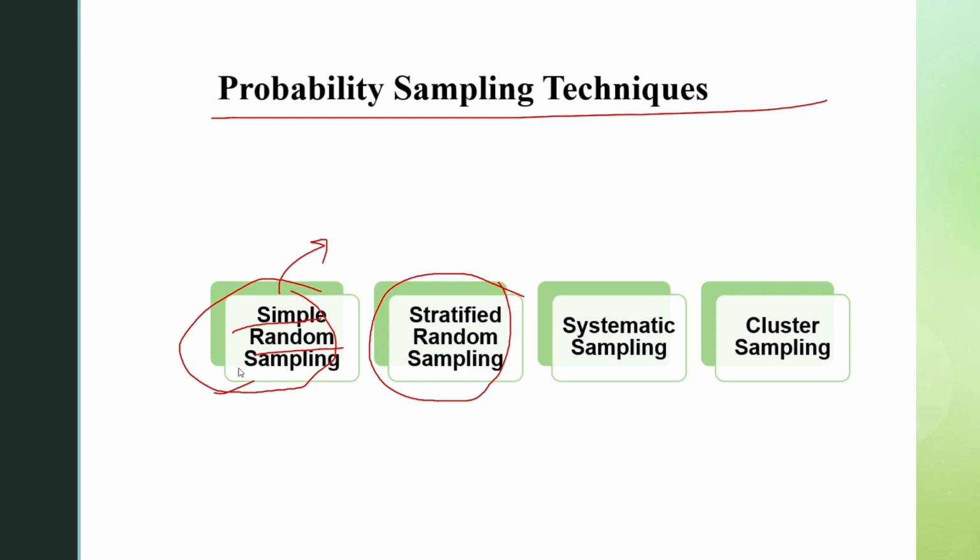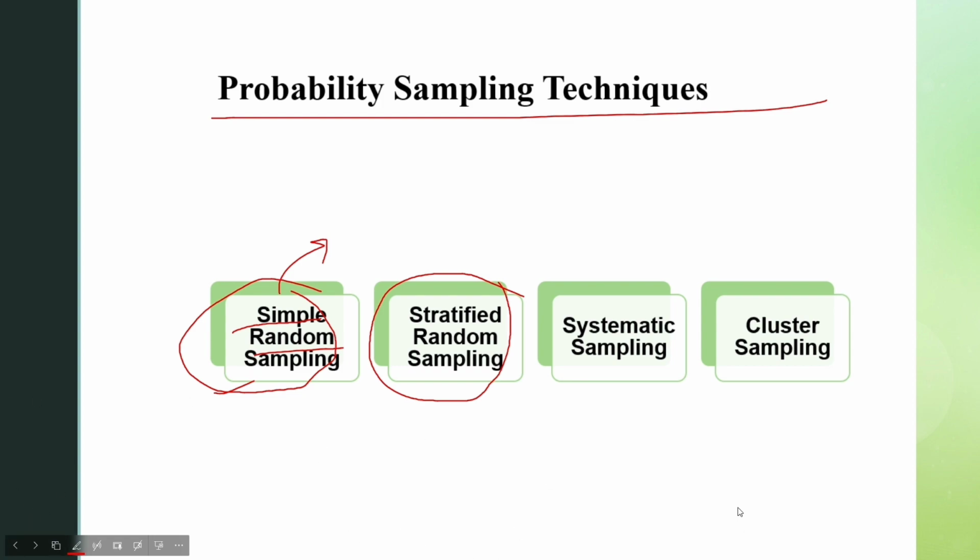But in stratified random sampling, we divide the entire population into subgroups based on certain characters. So now if we select, there won't be an equal chance of being selected. And then a simple random sample is taken from each of these subgroups according to its size or importance.